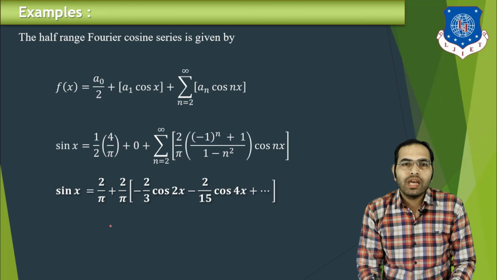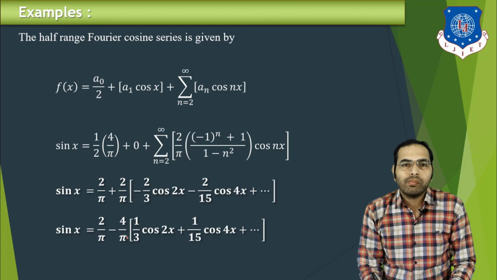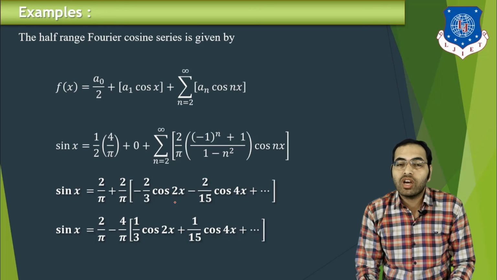Now 2 will be common, so sin x equals 2 by pi minus 4 by pi times 1 by 3 cos 2x plus 1 by 15 cos 4x and so on. That is exactly how we find the cosine series of the function sin x.